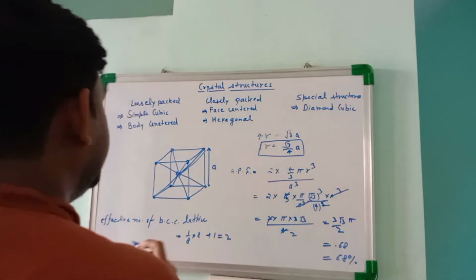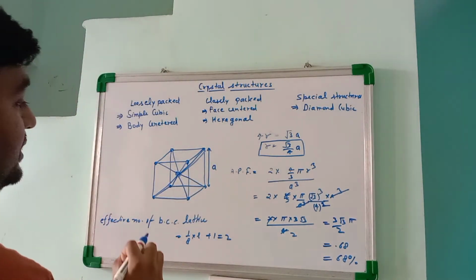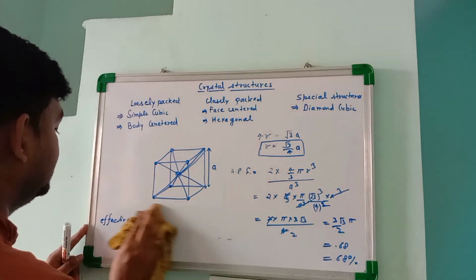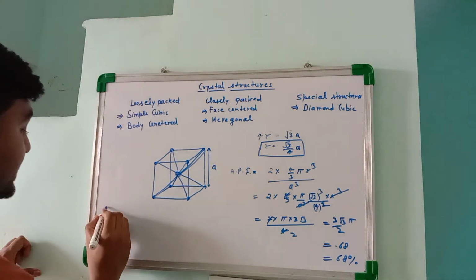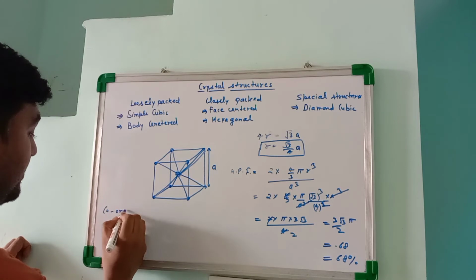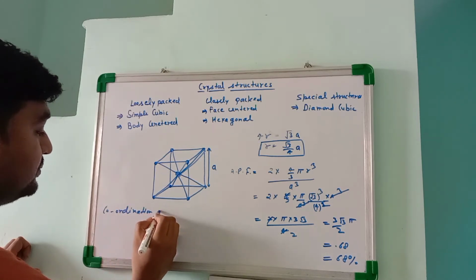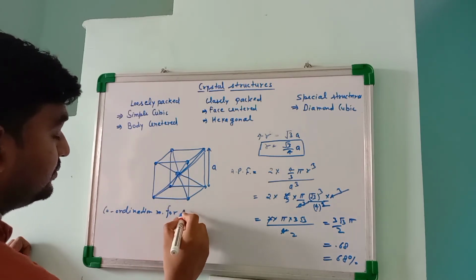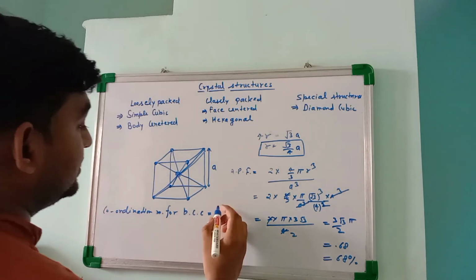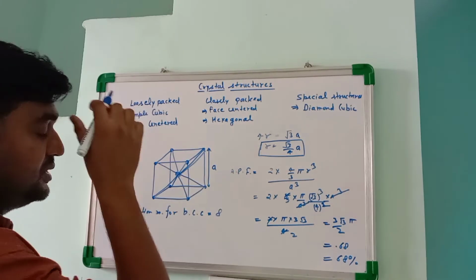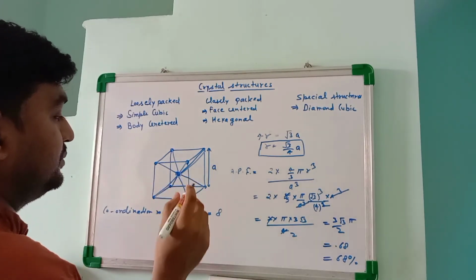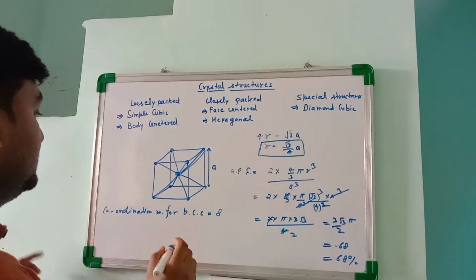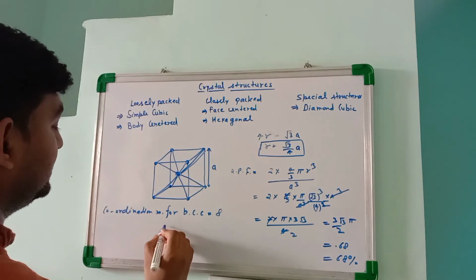So we can say the coordination number for BCC equals 8, because there are 8 corner atoms present at the nearest distance from the body centered atom.